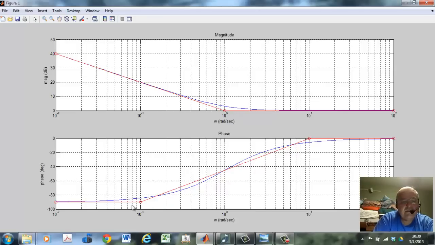The angle, however, is going to start at 0.1, and it's going to increase by 90 degrees from 0.1 to 10. So the low frequency asymptote of minus 90 degrees from the pure integrator is going to be taken out from 0.1 to 10 by the s plus 1 in the numerator.